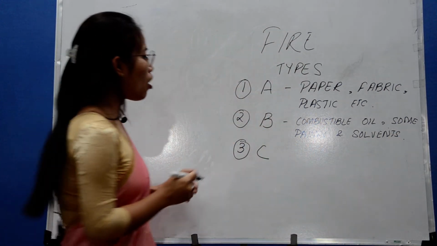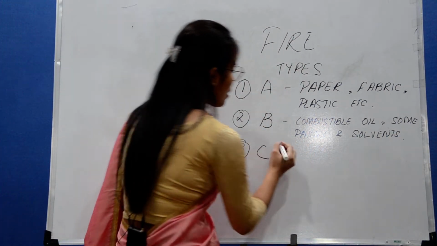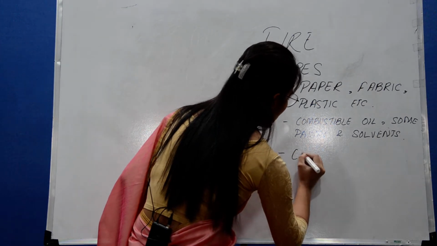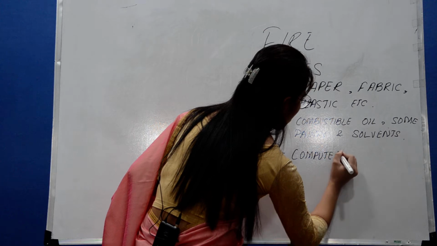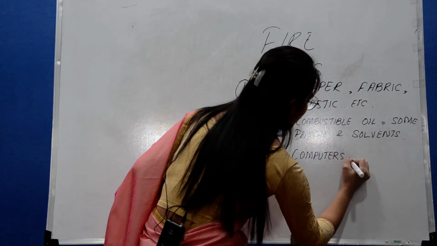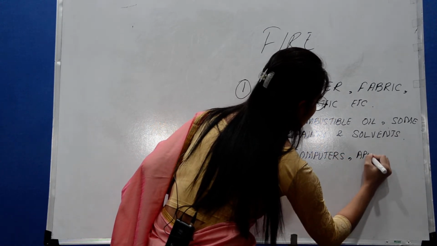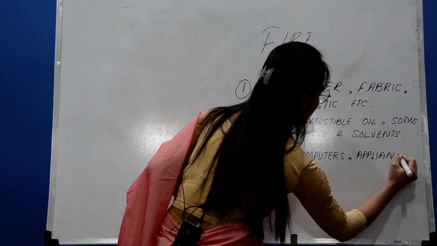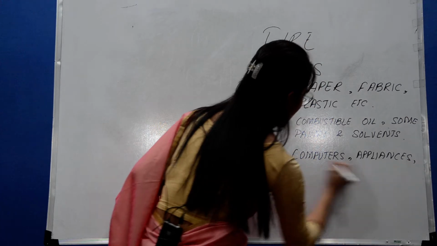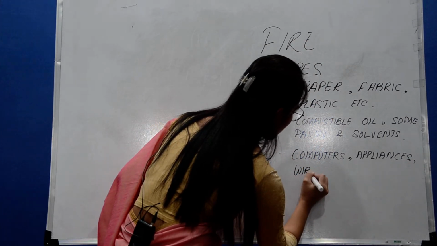Type C will be of electrical equipment like computers, appliances, wires.